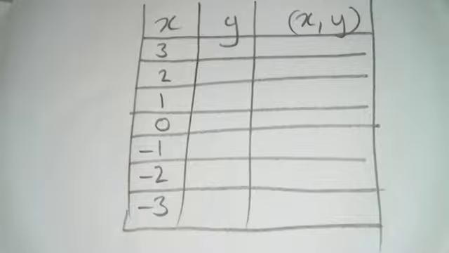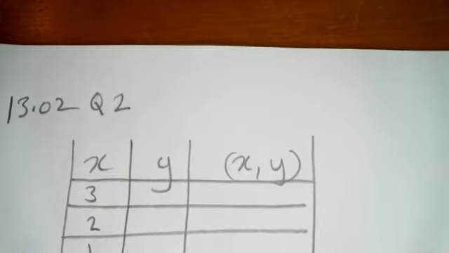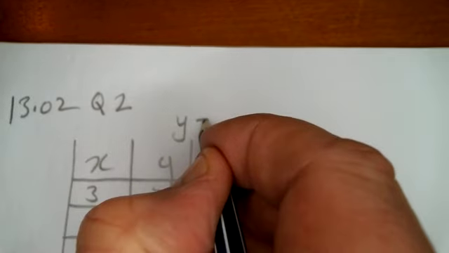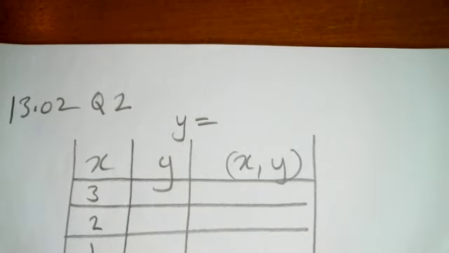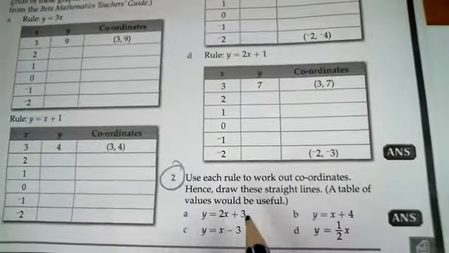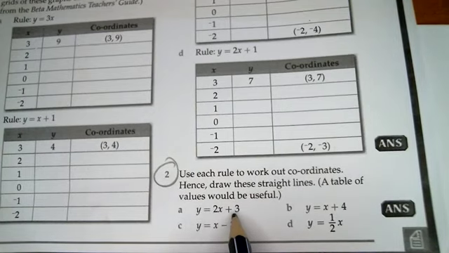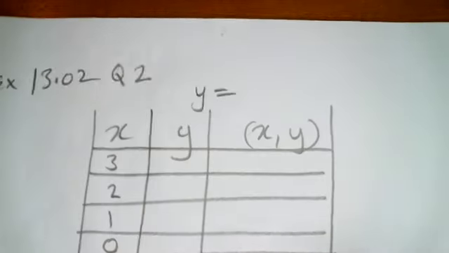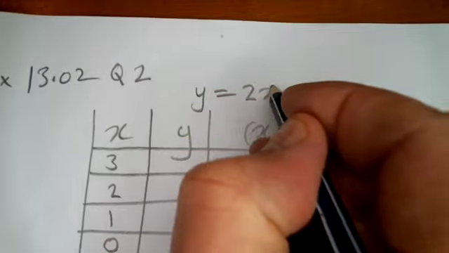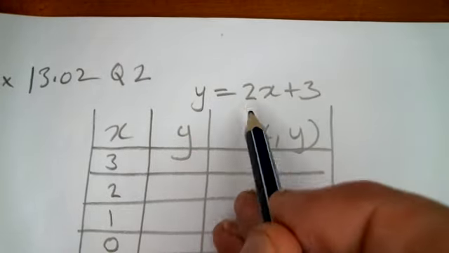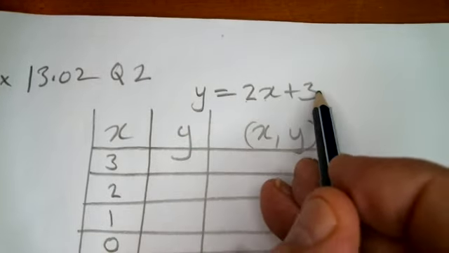And then what we're going to do is look at the rule. So I'm going to just do the first one. The first one states the rule, which is y equals 2x plus 3. And that means, of course, 2 times x plus 3.